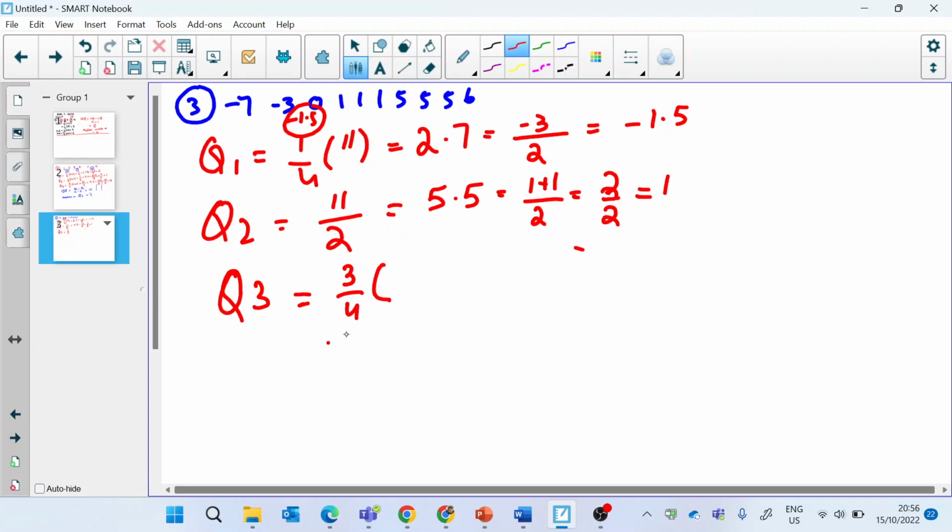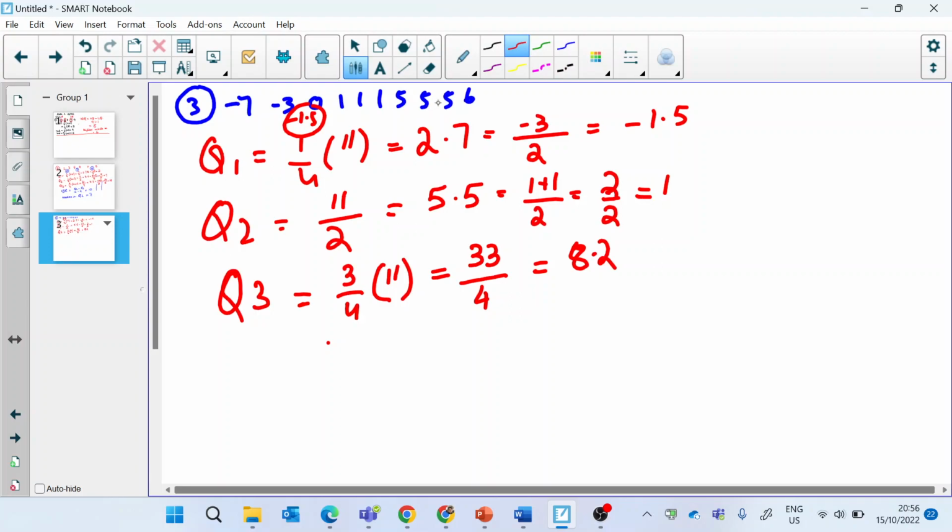Then we find Q3, which is 3 by 4 times 11, and that gives us 33 over 4. If we divide 33 by 4, we get 8.25, which means between the 8th value and the 9th value.